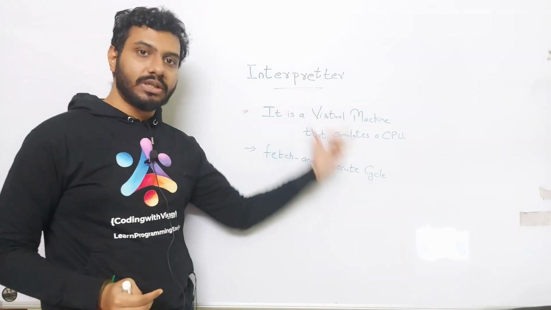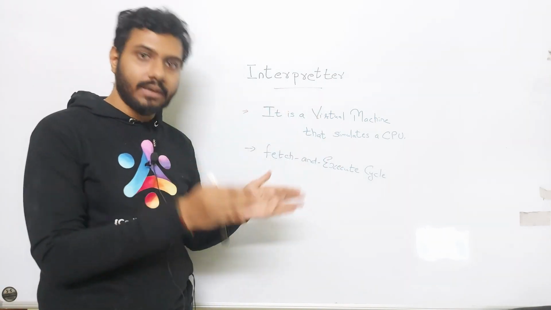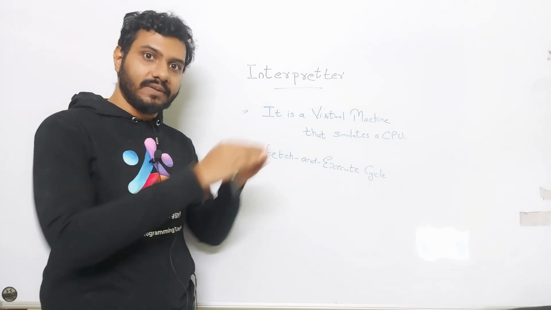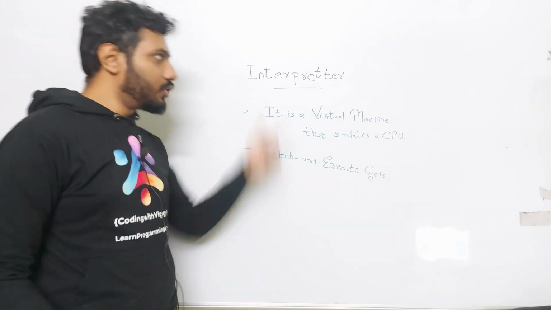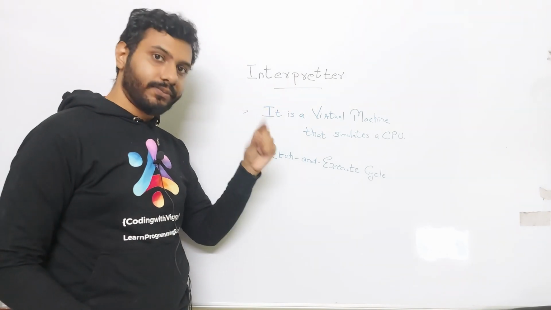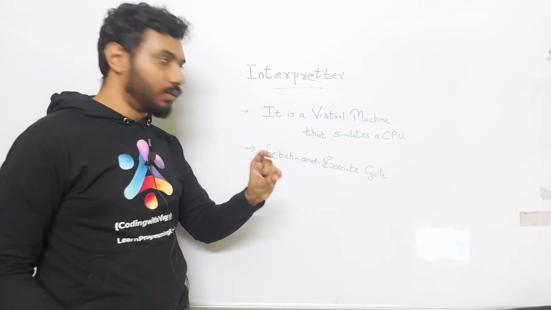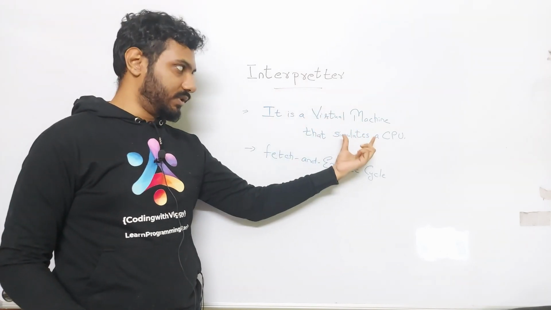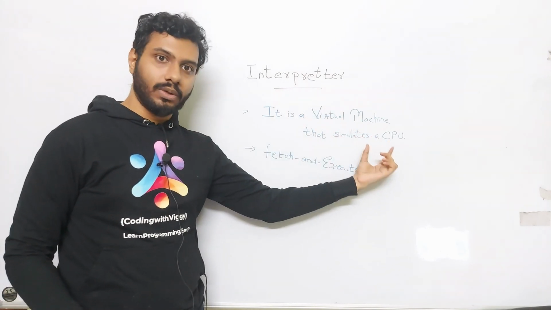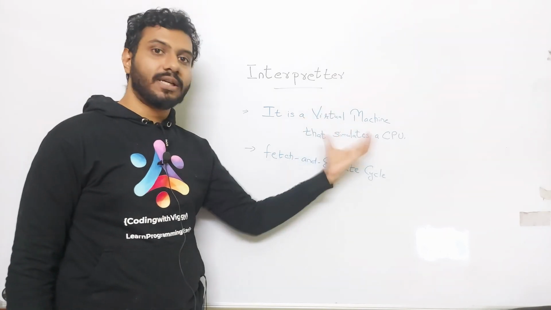But a virtual machine is a software sitting inside the main machine, that is the CPU. So the interpreter is a software or program that acts as a virtual machine that simulates a CPU.